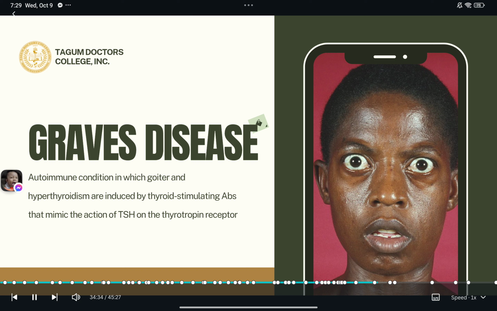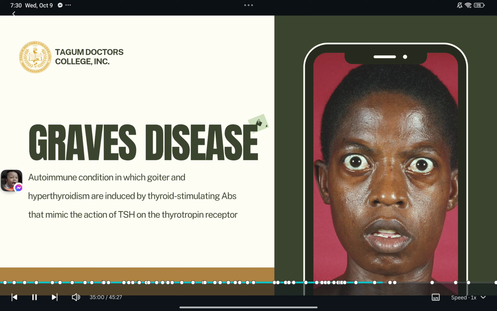So, pag Graves' disease, naa tay immunologic mimicry that is happening. Okay? Instead of actual TSH releasing or stimulating the release of our T3 and T4, we have thyroid stimulating antibodies that only mimic the action of TSH.